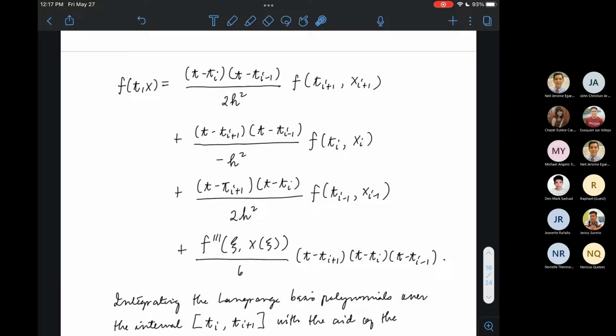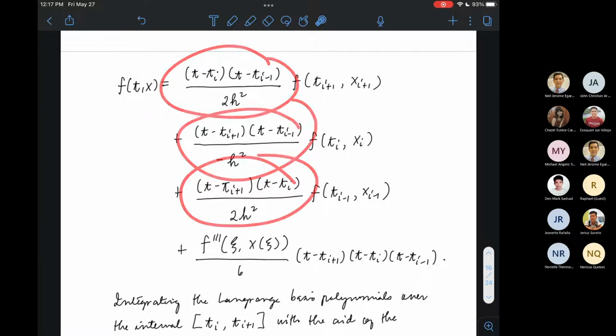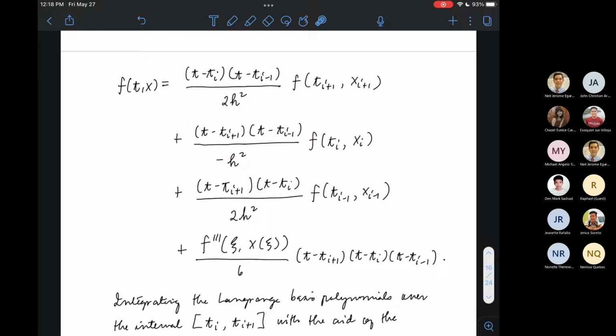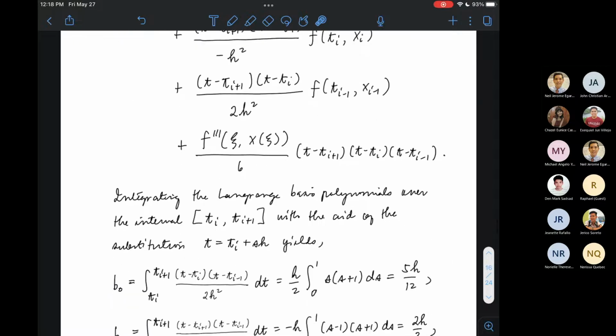Now to get the formulation for AM2, yung Adams Moulton of 2 steps, kailangan ko lang i-integrate itong mga Lagrange interpolating polynomial para makuha yung mga b sub i's doon sa equation 12.1. Okay?